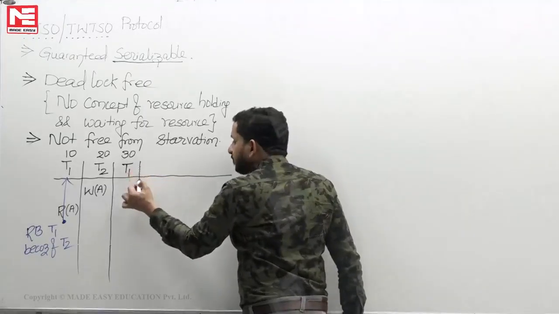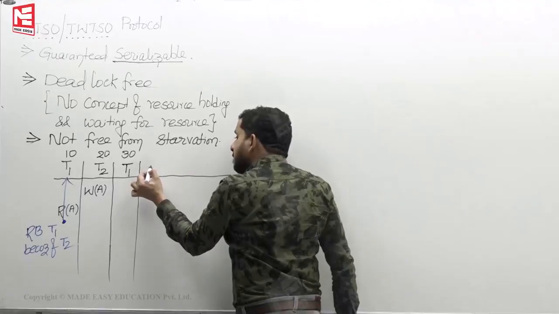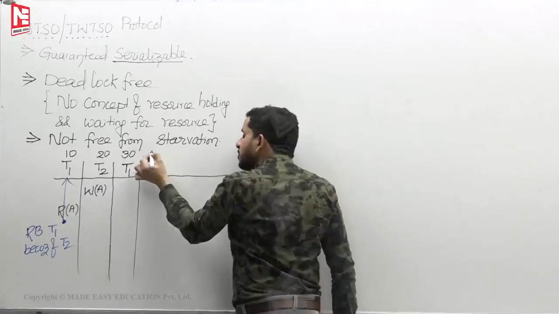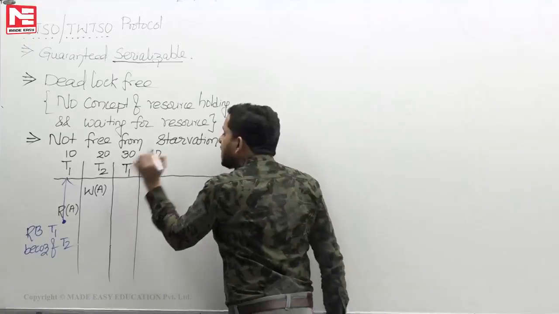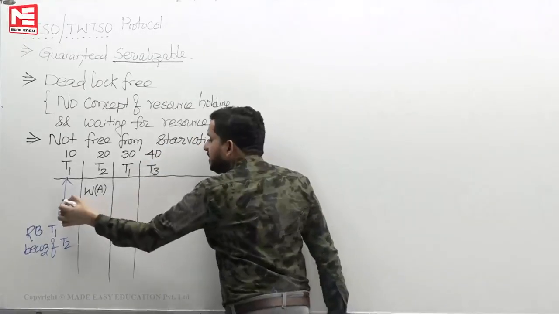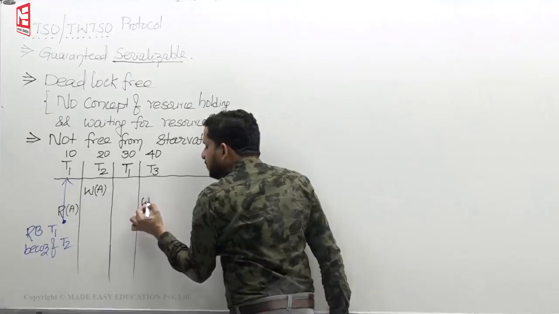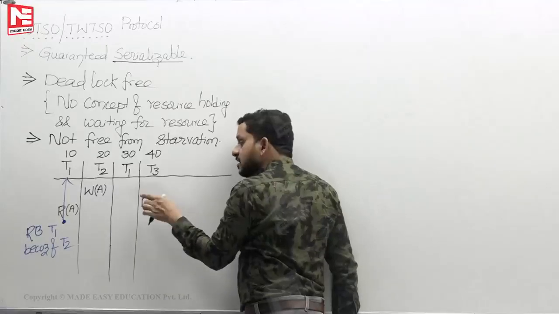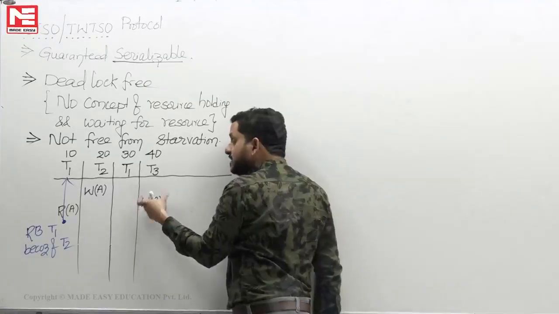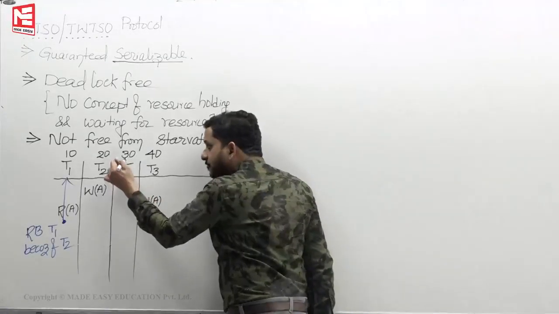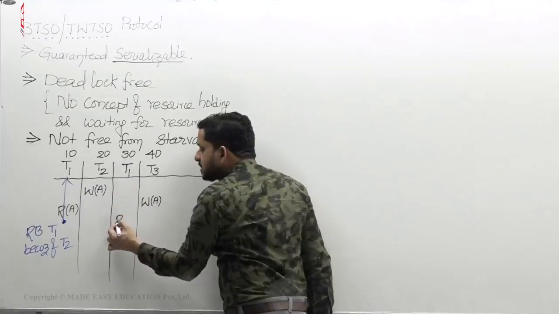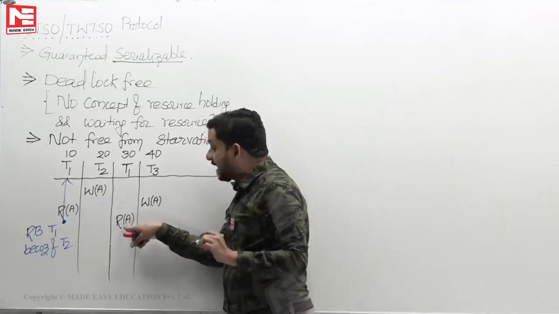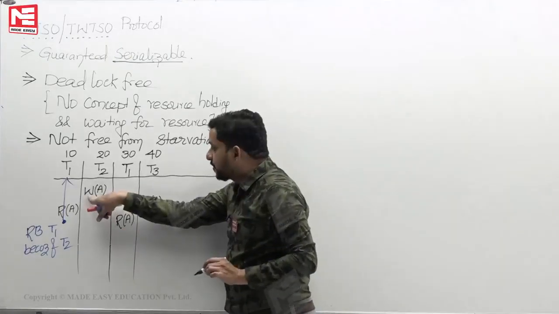But some other transaction T3, which is younger than T1, enters the schedule. When T3 starts, T3 requests a write. If T3 requests write first, the write request of T3 is allowed because it is the youngest write operation. After that, if T1 requests a read, this read request is again not allowed, not because of T2's write now.